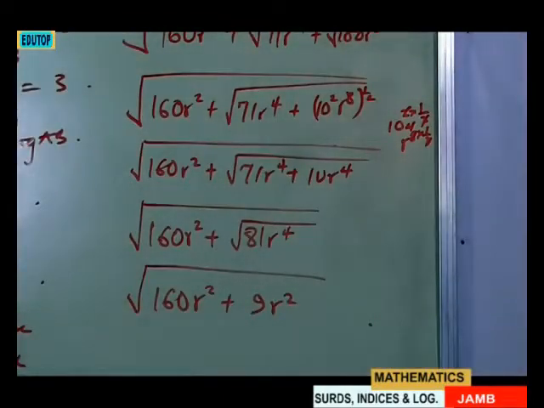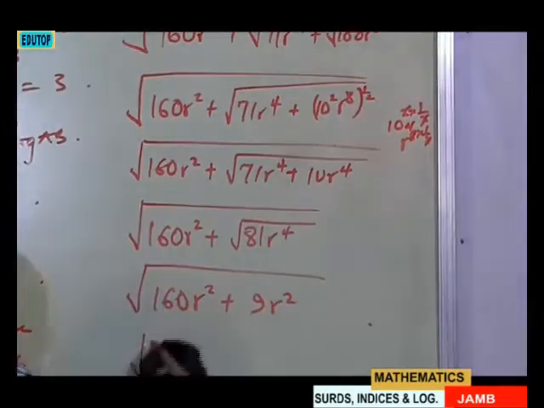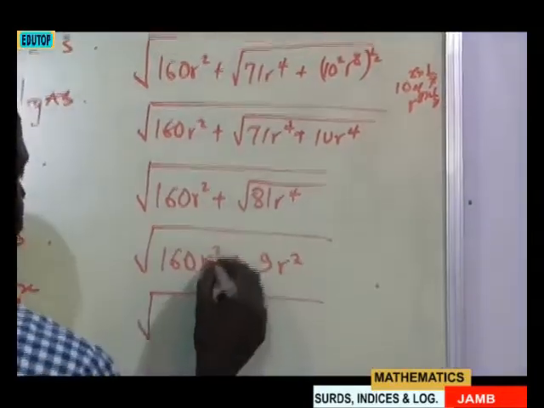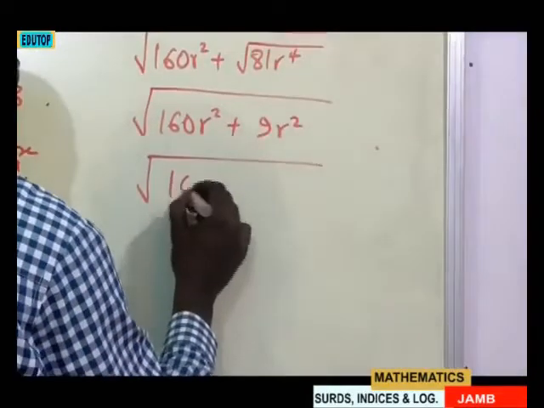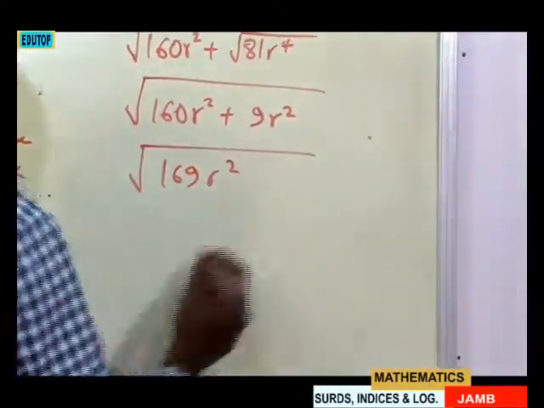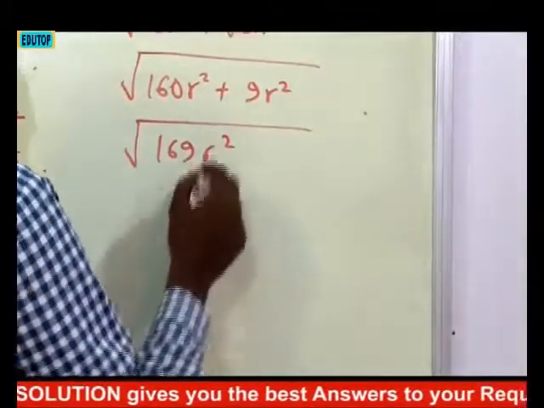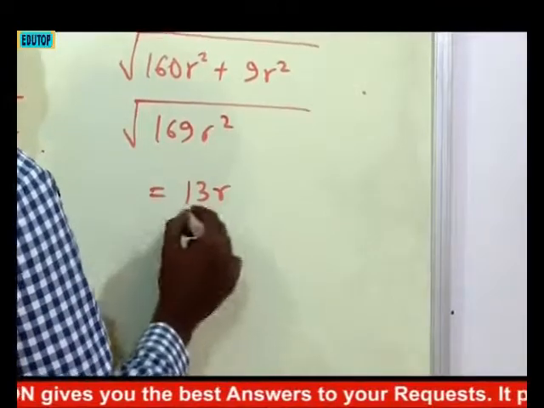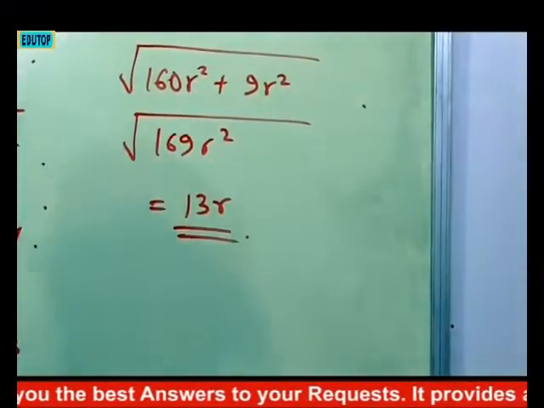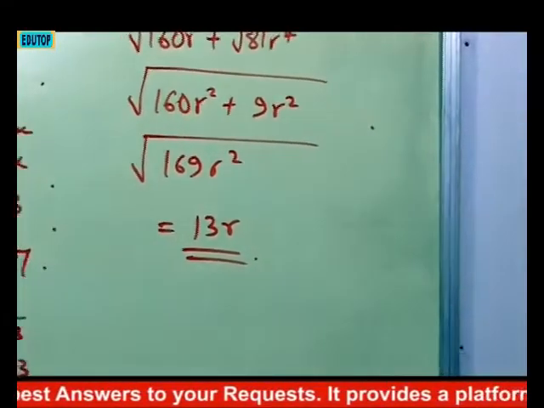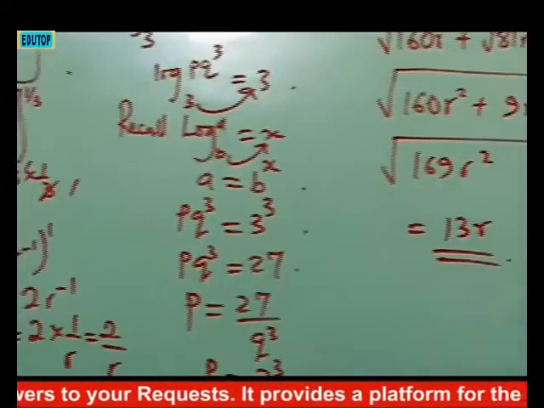So I've gotten to this stage. Then this plus this, I have the square root of 160r squared plus 9r squared. That will be 169r squared. What is the square root of 169? It is 13. What is the square root of r squared? r. So my answer will definitely be 13r. So I go to my options and look for the option that suits that, which is option C.